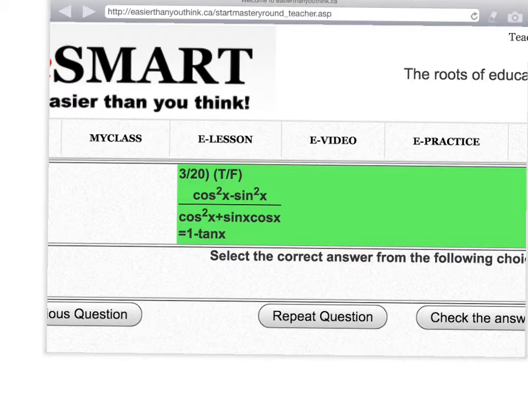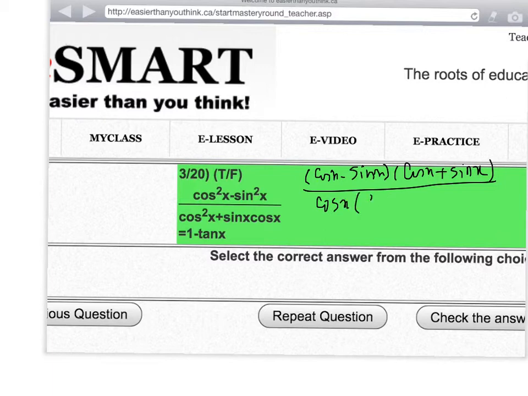So instead of writing cos squared x minus sine squared x, I can write cos x minus sine x times cos x plus sine x. Everybody agrees? Right. Divided by, now the bottom one, cos squared x plus sine x cos x, there is something common here. What is common? Cos x is common between the two terms. So I can take cos x out. I get cos x from the first term plus sine x.